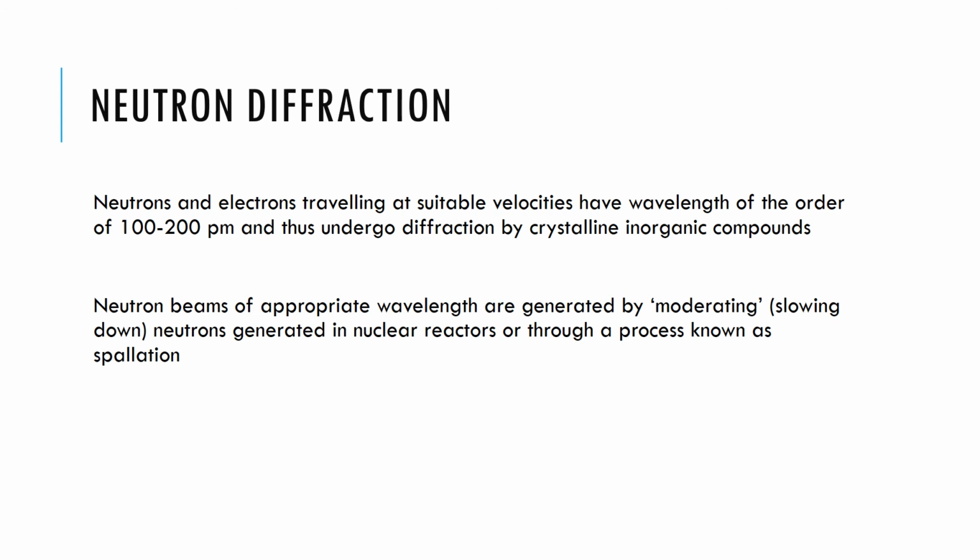You can generate neutron beams of the appropriate wavelengths by moderating them. You produce neutrons through either a nuclear reactor or a process known as spallation. They come out of those processes at a very high energy, so you've got to moderate them. Usually you pass them through something like methane or water to lower their energies.